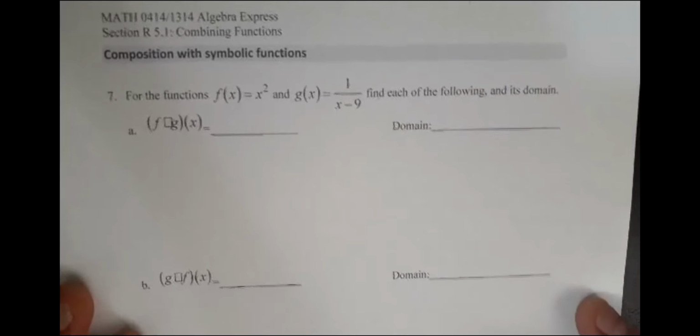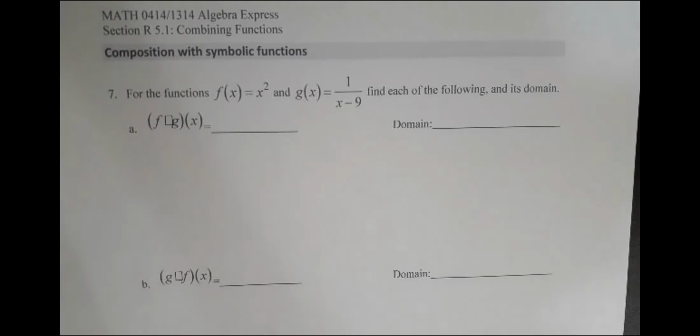So we have a few more examples. For the function f of x equals x squared and g of x equals 1 over x minus 9, find the following and its domain.